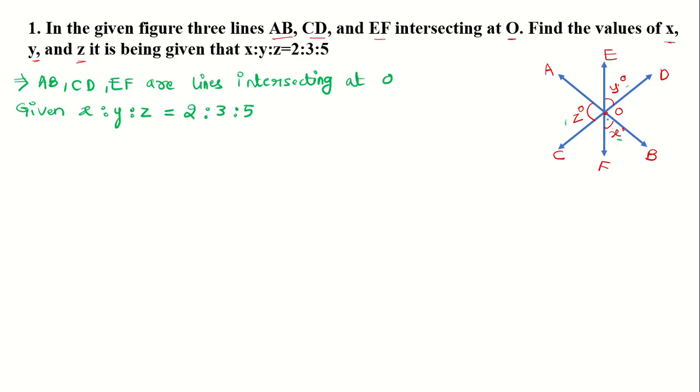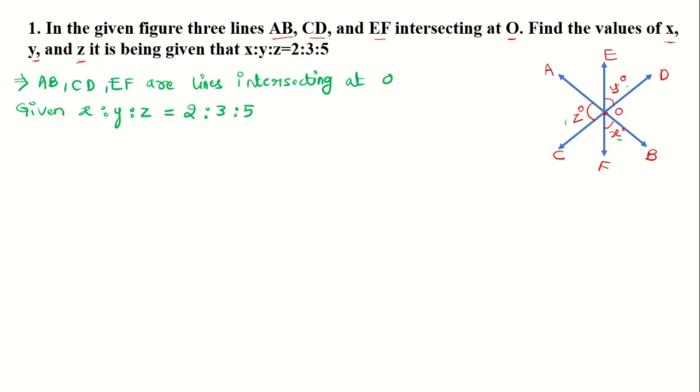You can see here, is any angle vertically opposite to angle x? No, right? They are vertically opposite to some other angles. So, we need to assume some other angles that are vertically opposite to these angles. And sum of all angles in a straight line is 180 degrees from linear pair of angles.